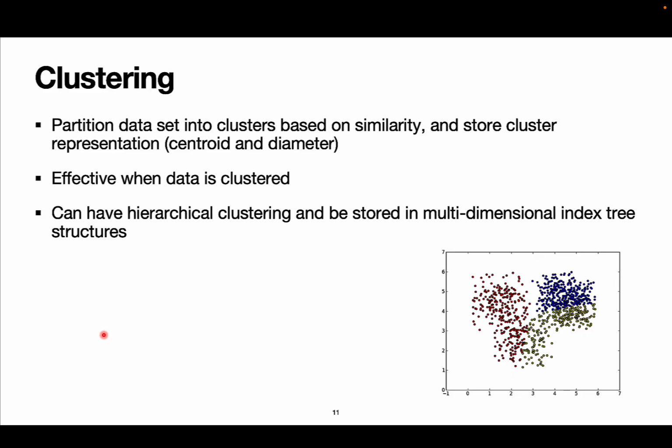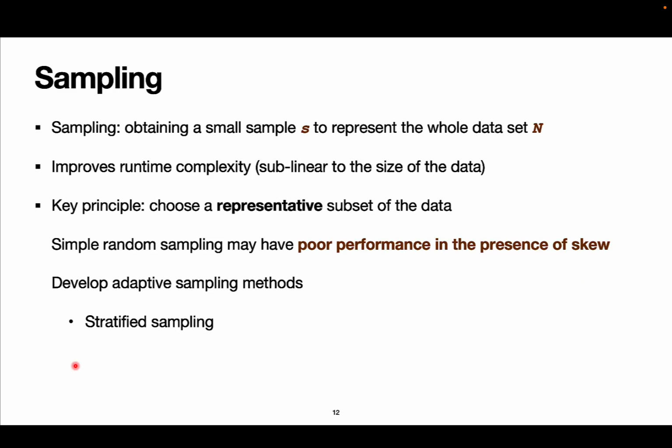And instead of storing the whole data, we only store representatives of each cluster or each group, something like the centroid or the diameter. And some of the methods we use in clustering, the hierarchical clustering, or maybe something simpler like using a multidimensional index tree data structure. Sampling is another non-parametric data reduction method.